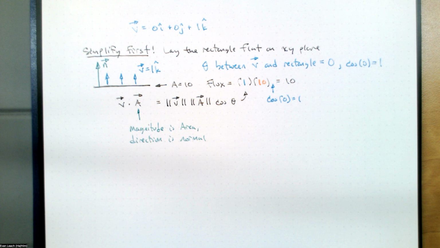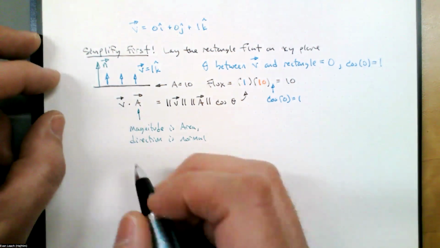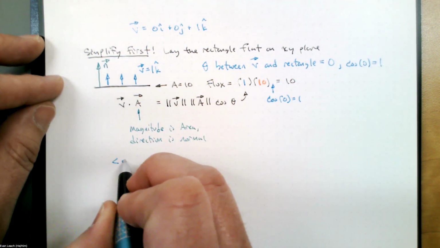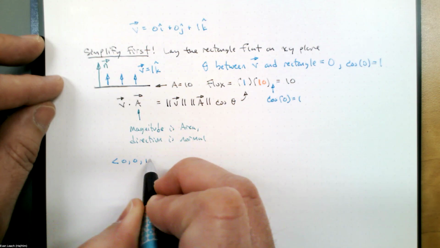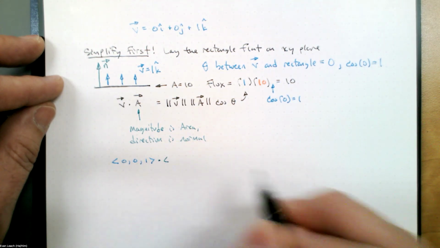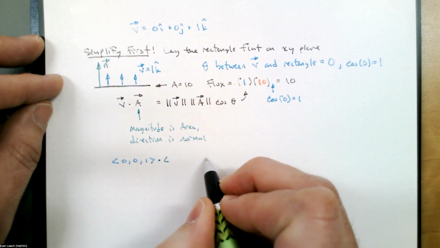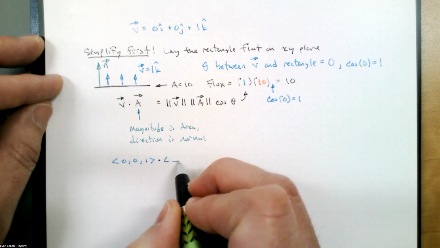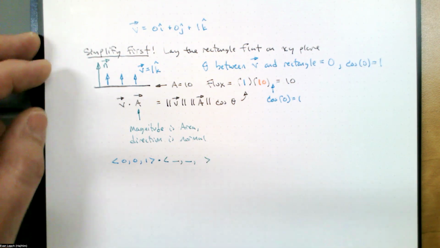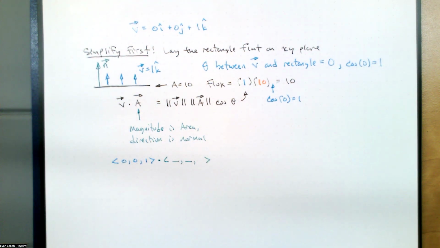So if the vector V is 0i plus 0j plus 1k, and I have the dot product with this area vector, the only component that has to be here is that last one.